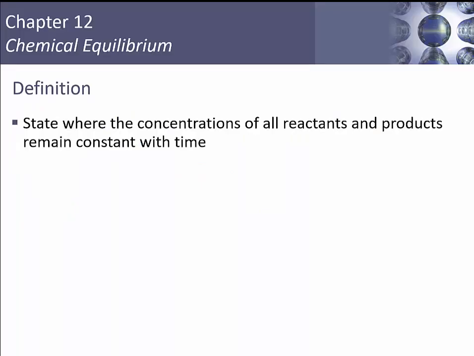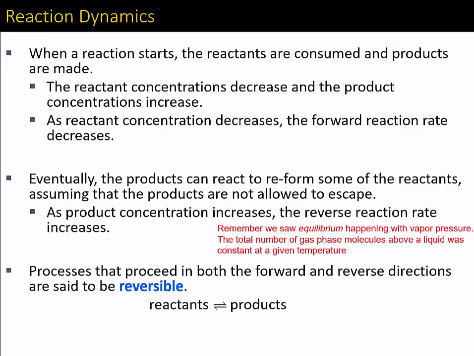So our definition is a state where the concentration of all the reactants and products remain constant with respect to time. When a reaction starts, the reactants are consumed and the products are made. The reactant concentrations decrease and the product concentrations increase. As reactant concentrations decrease, the forward reaction rate is going to slow down.